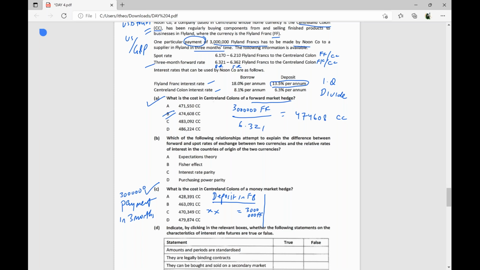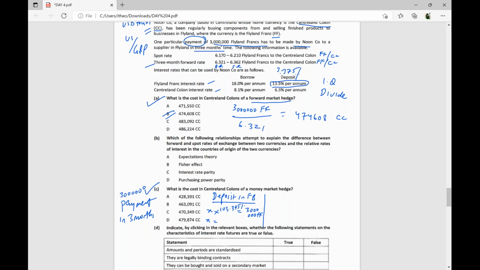So for 3 months, it's going to be 3.375%. So 103.375%. X should be deposited, earning interest of 103.375, gives 3 million FF.